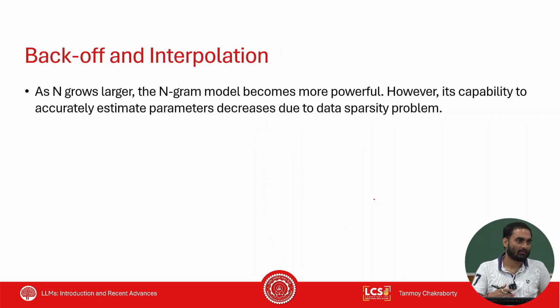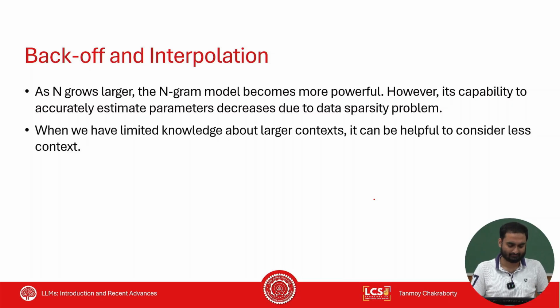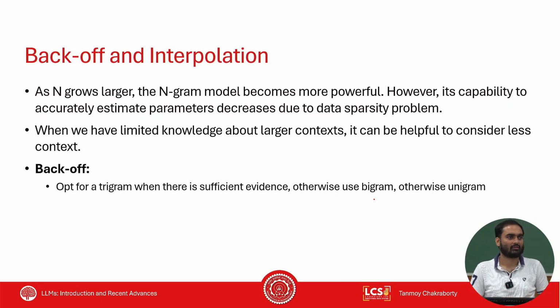Okay, so a bit more advanced methods, although they are also very simple, are backoff and interpolation, right? In backoff smoothing, let's say we are interested in the trigram probability, and we saw the trigram probability is 0. So we back off and move to the bigram probability, and we see the bigram is also 0.